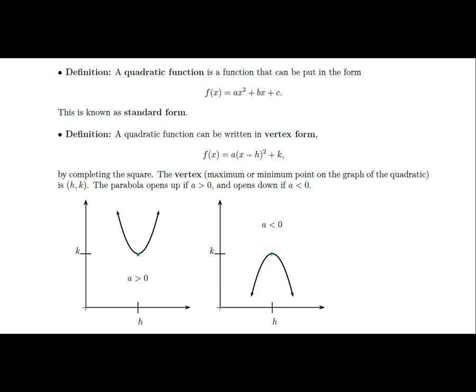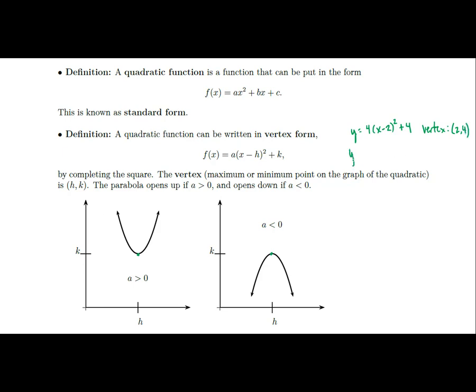Notice there's a minus sign here, so if h is positive and it says x minus, like let's say x minus 2, so if I had y is equal to 4 times (x minus 2) squared plus 4, then I would say that the vertex is (2, 4).